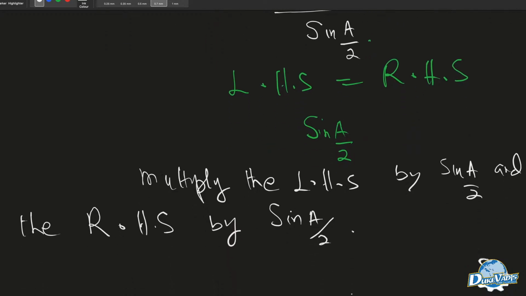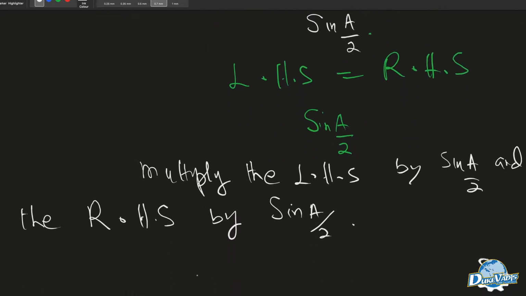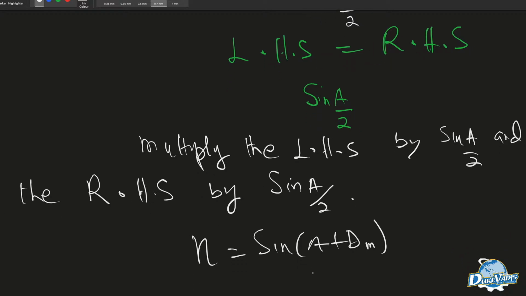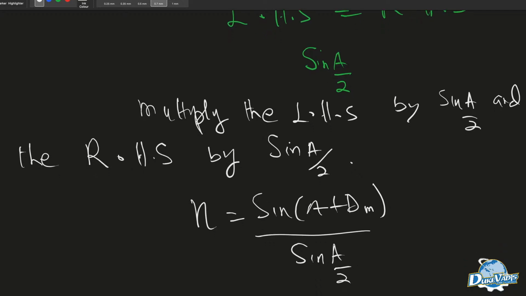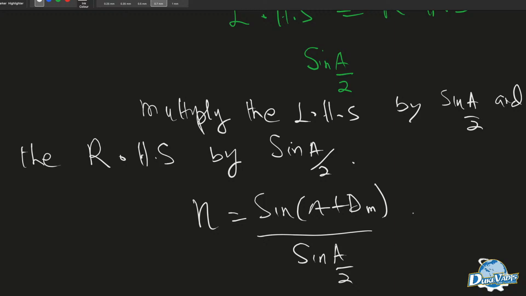Knowing that our equation is given as n equals sine of (A plus D subscript m) over sine A over 2, we are going to multiply here and here by sine A over 2. Let us illustrate it with a different color so we understand.